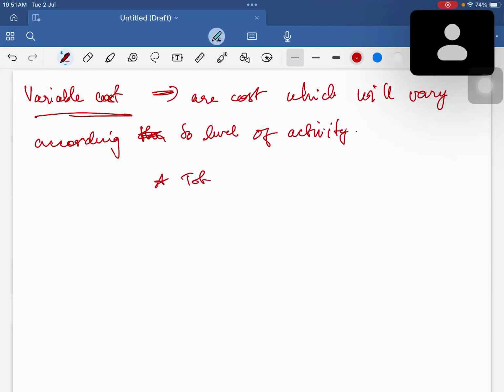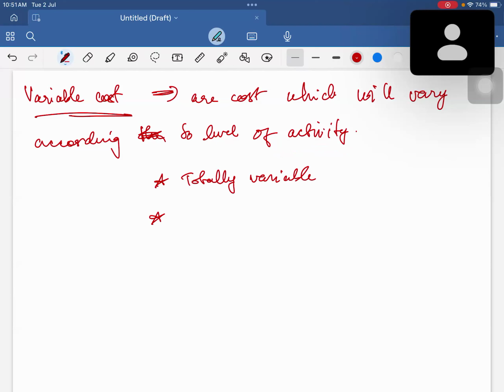Now, what are the characteristics? It is totally variable. That means it is going to change according to the level of activity. Just think of it this way: if you get a variable cost per unit, it is going to be fixed at that per unit cost.